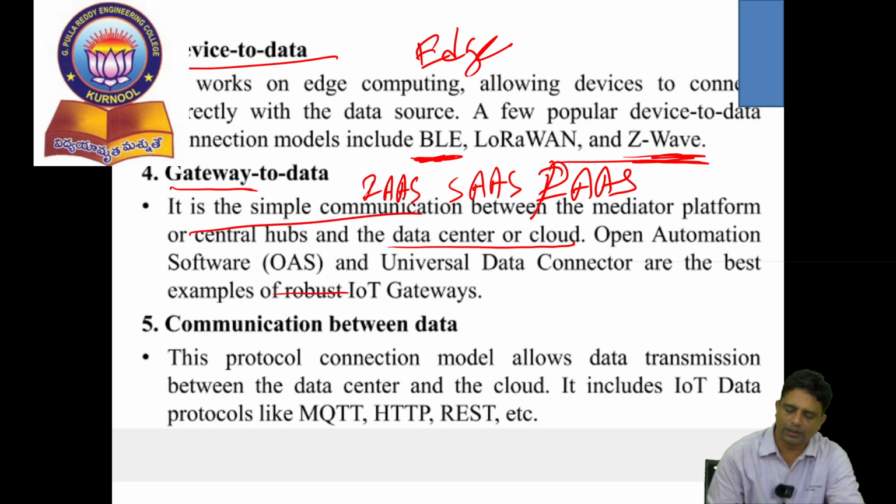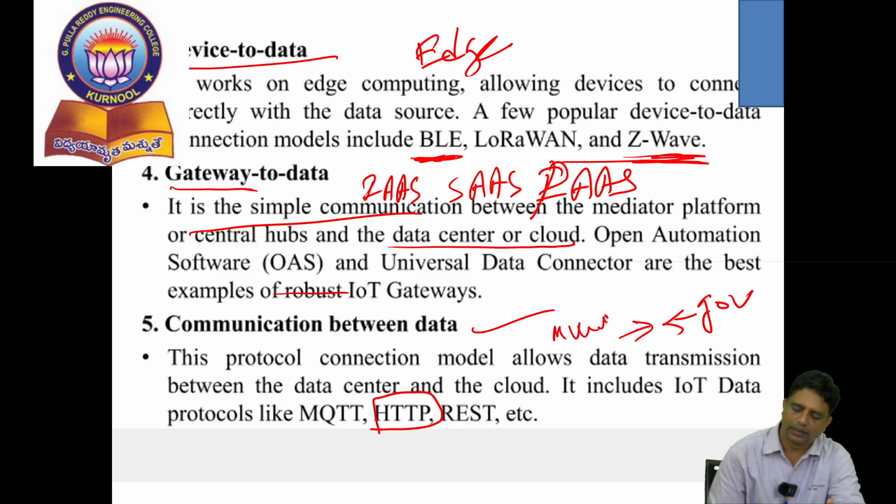When it is communication between two different clouds, like I am working on some local cloud or local information from my university, and I want to find the data of my university in a government organization, can I link it up? Yes, I will have the major HTTP protocol for operation. If we are working on two different IoT platforms, we can use MQTT for our information.